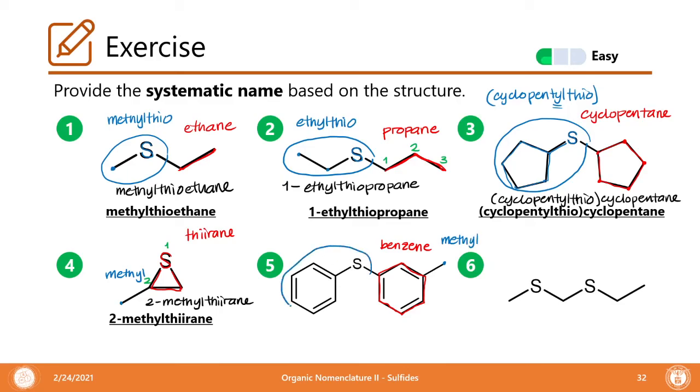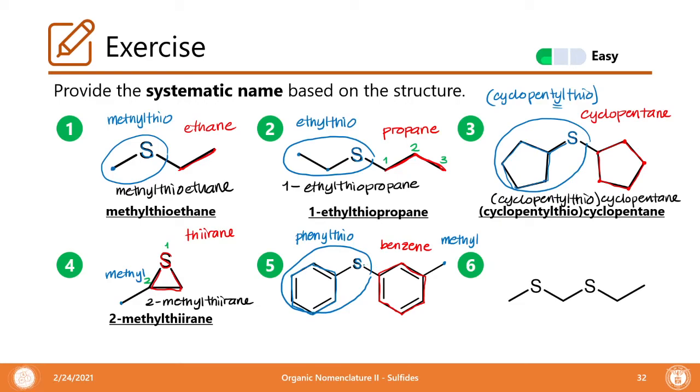And then here we have a phenyl group, a benzene ring as a substituent, phenyl, and then we have a sulfur atom connecting it. So phenyl thio. Now we do the numbering.